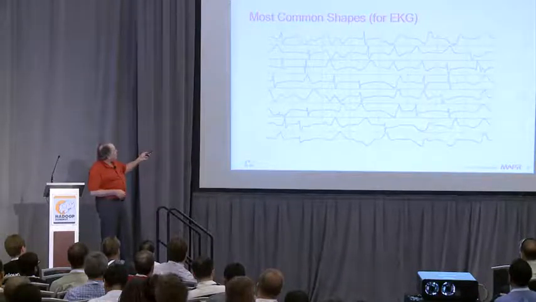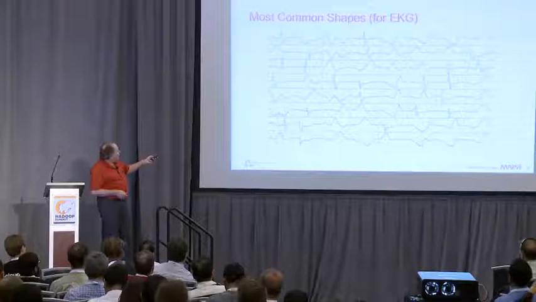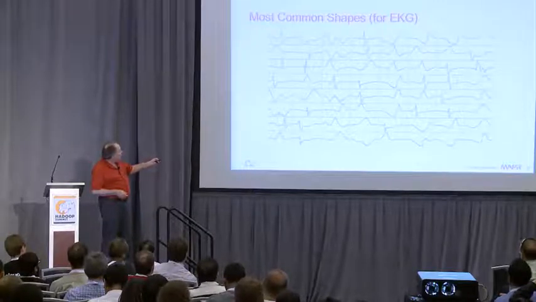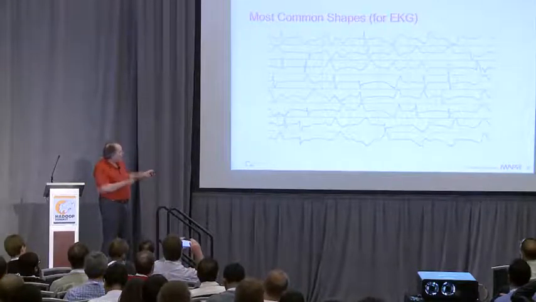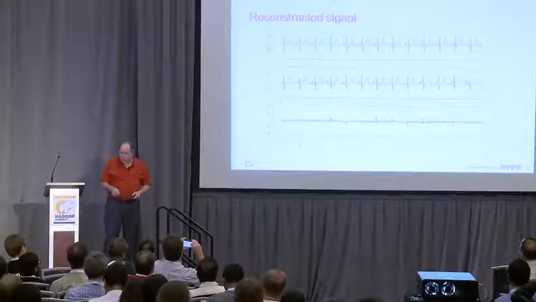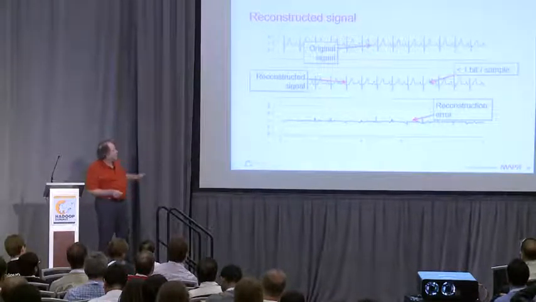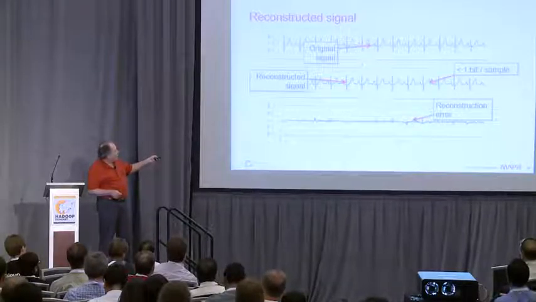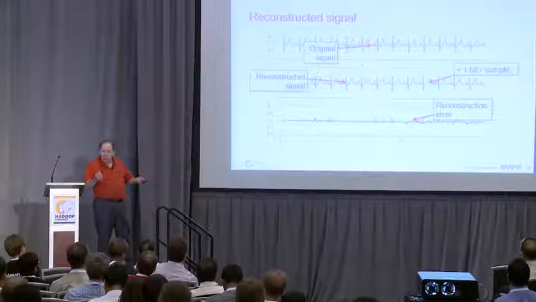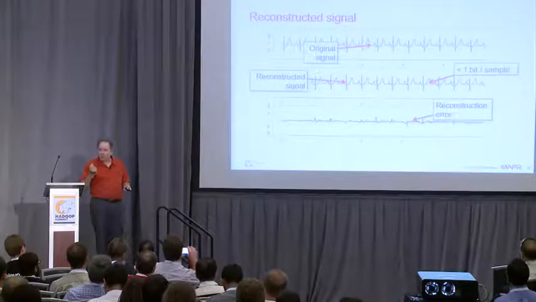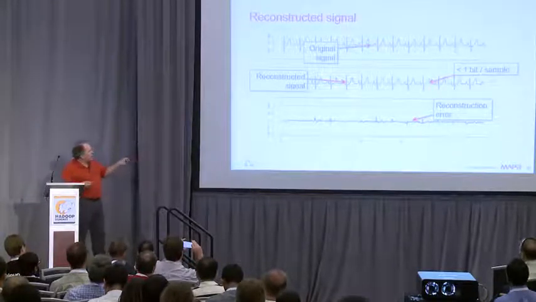There you see that's very much like the signal that we saw in the first slides, except these are slightly shifted. And here is an example of that reconstruction. There's the original at the top. There's the reconstruction in the middle. And by the way, it only takes about 1 bit per sample to encode this central signal.